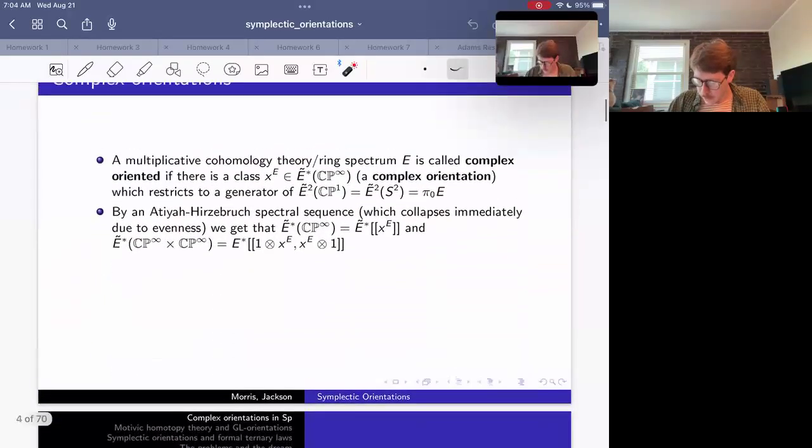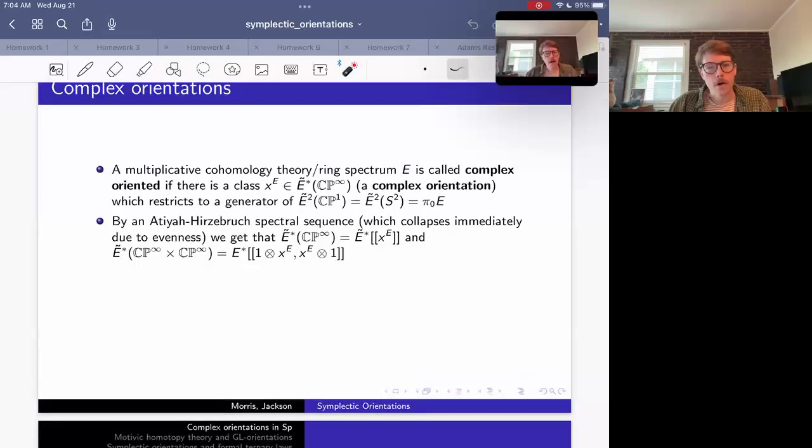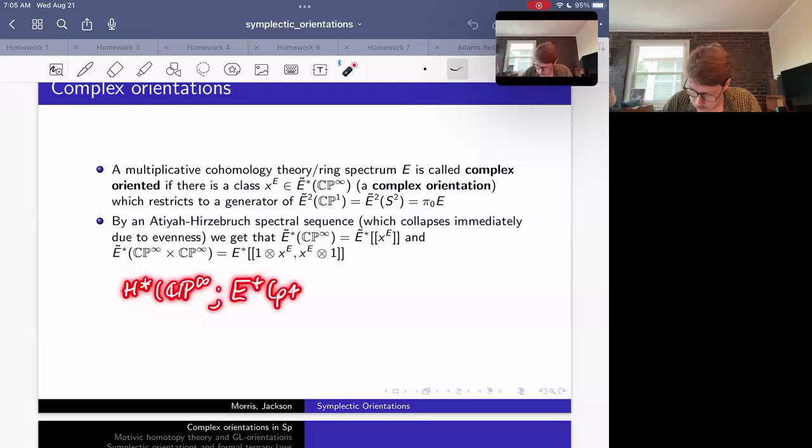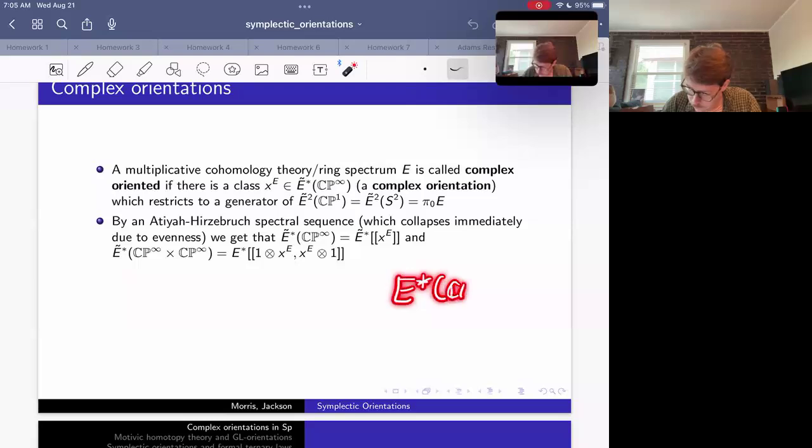The idea is that complex orientable cohomology theories have a lot of really nice properties, and we're going to try to leverage those incrementally throughout this talk. The first thing that we get is using an Atiyah-Hirzebruch spectral sequence, which takes the cohomology of CP infinity with coefficients in E star of a point and converges to the E cohomology of CP infinity.